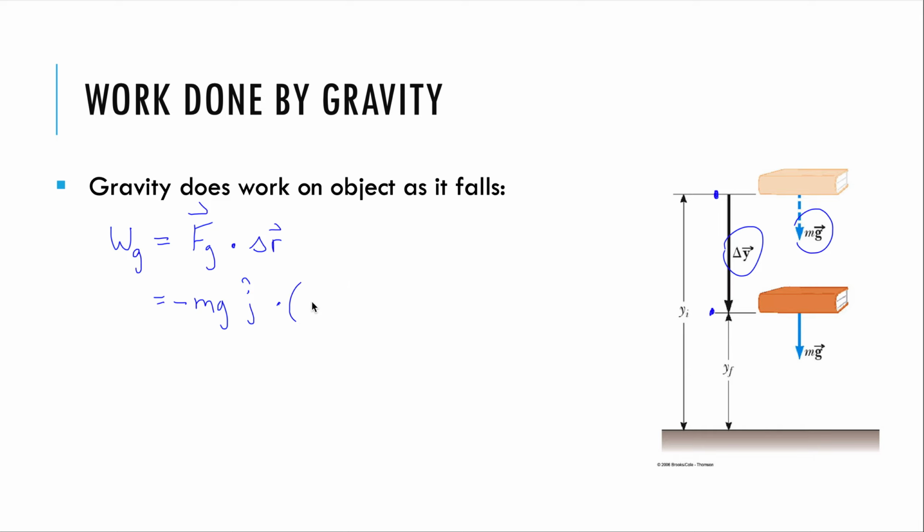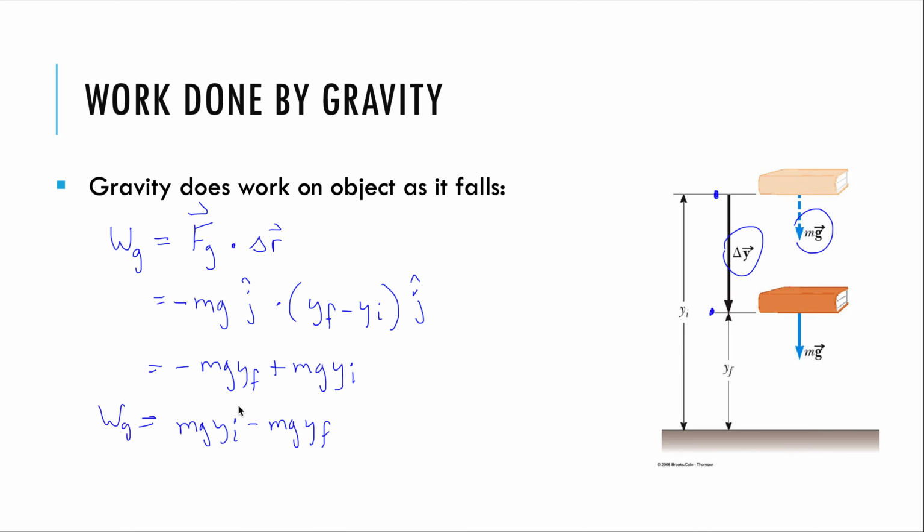Delta y is going to be negative. So y final minus y initial, j direction. We're going to take the dot product here and distribute. We're going to have negative mg y final plus mg y initial. And we can rewrite this as mg y initial minus mg y final.